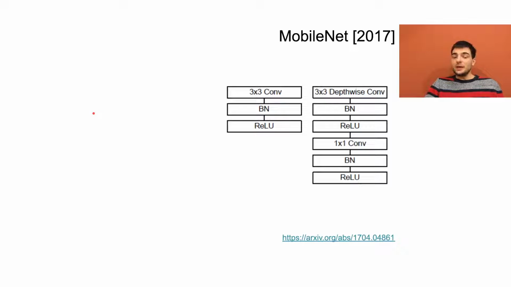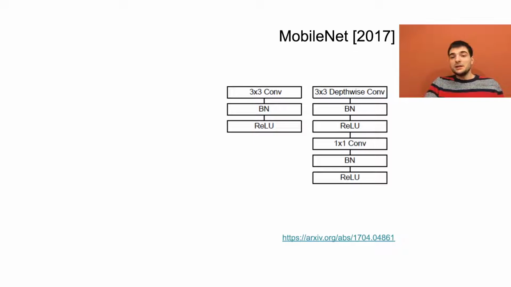And actually, that's what happened back in 2017 in MobileNet. MobileNet, I guess it's kind of obvious, was designed for mobile phones because they really don't have a lot of computational power, and especially they don't have a lot of battery power, so they can't work for a long time with complex networks.